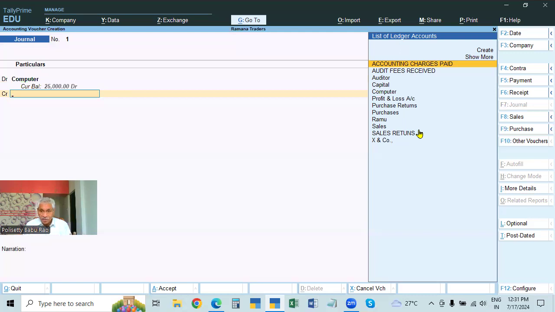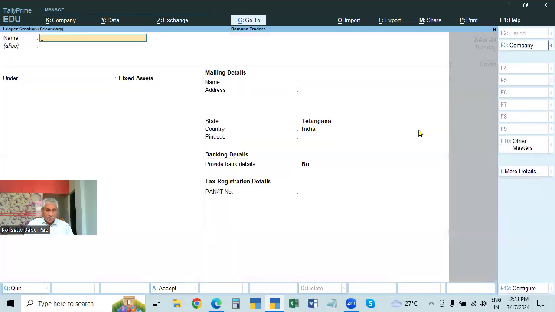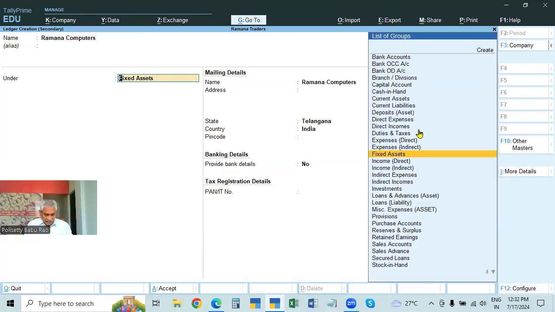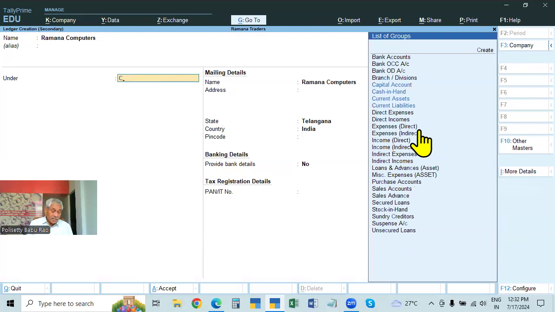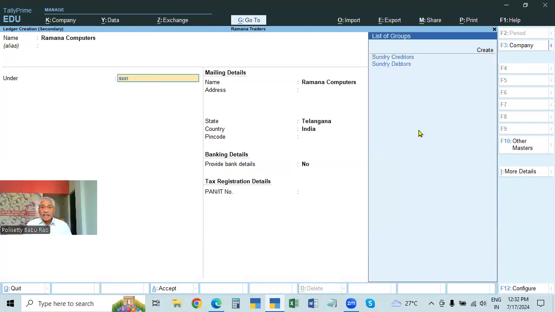Ramana Computers, from where it was purchased, but that account is not there. So from Ramana Computers it is purchased. When you are purchasing, it is a creditor. The goods are asset. When you are purchasing and selling, the other person will be debtor and creditor. So it is a sundry creditor.